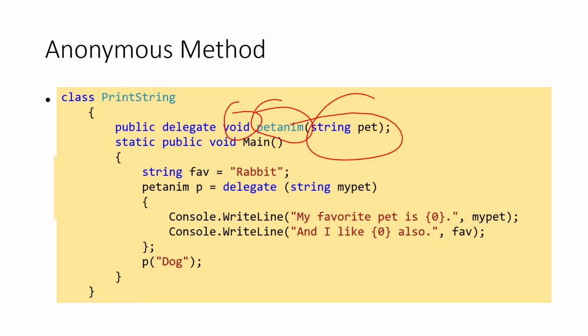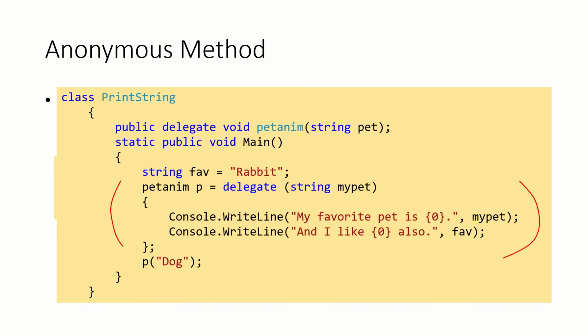Once you do that, you don't have to declare the return type here again, because this delegate will be assigned to P, which should match with the delegate you declared at first, right? So in this one, we write our method inline.